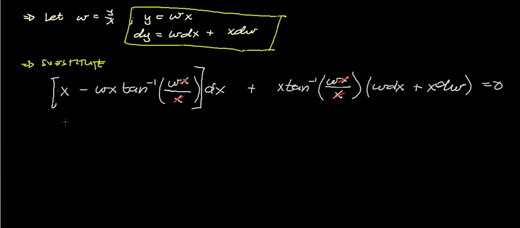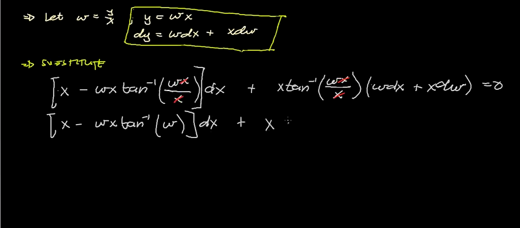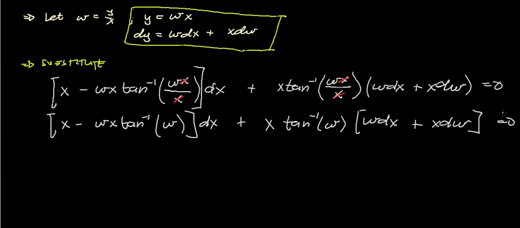So we have (x minus wx arctangent w) dx plus x arctangent of w times (w dx plus x dw) is equal to 0. And from here we can now distribute.